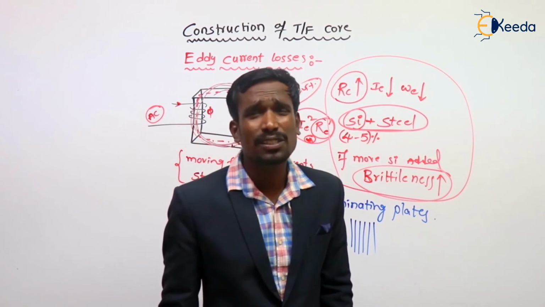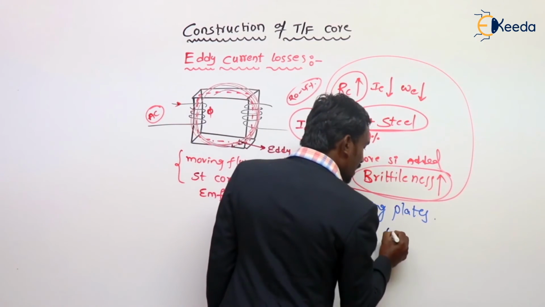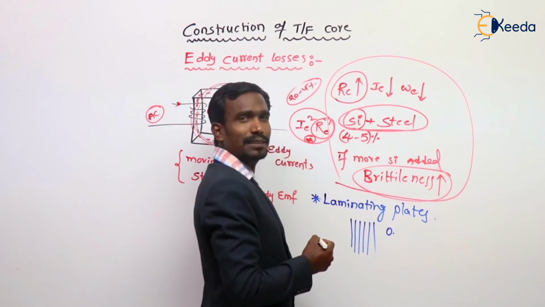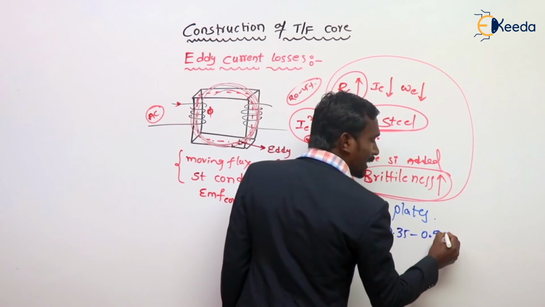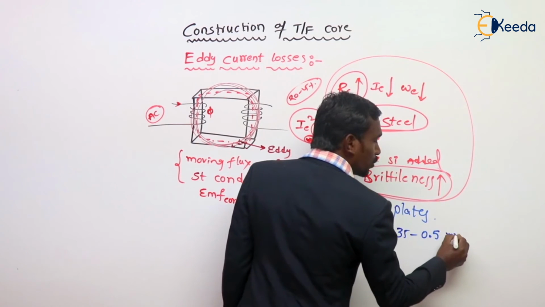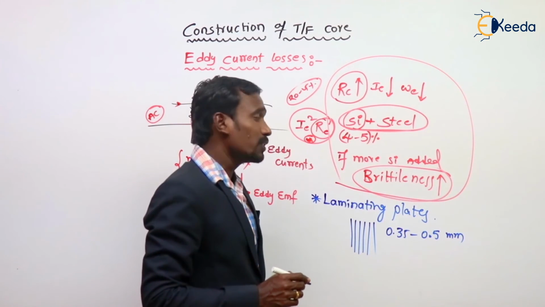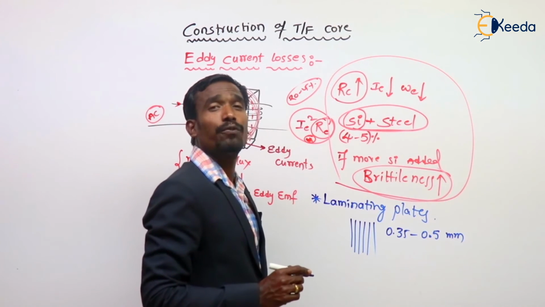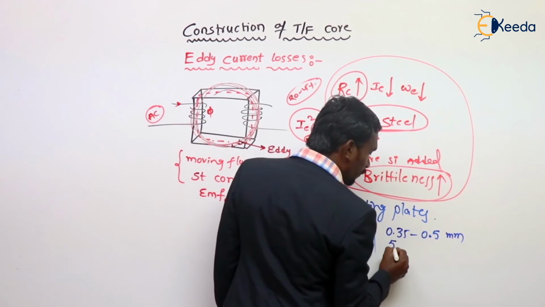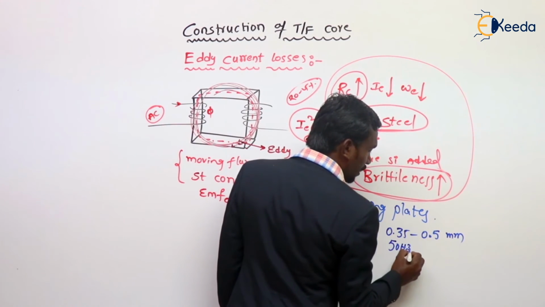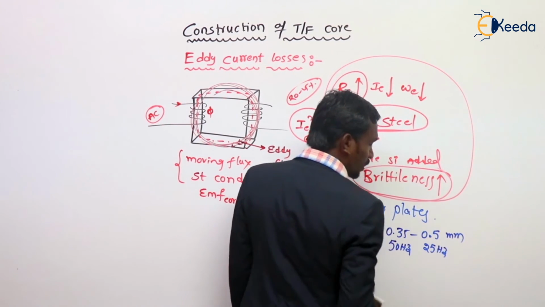Sir, how much thickness? The thickness of the laminating plates is 0.35 to 0.5 millimeters. This is for 50 hertz of supply voltage, and this is for 25 hertz of supply voltage.